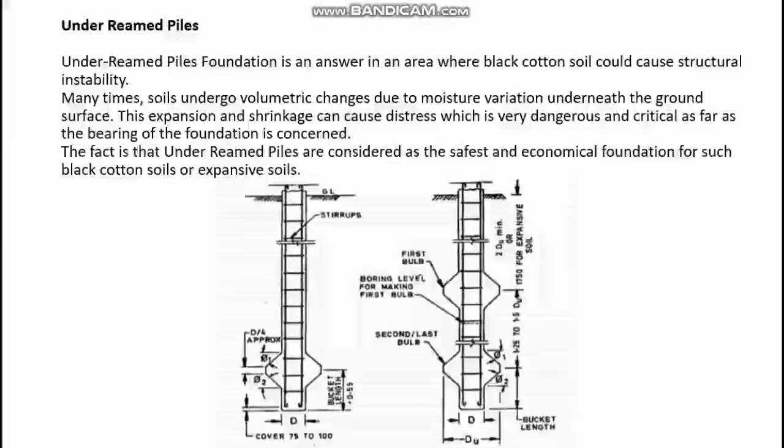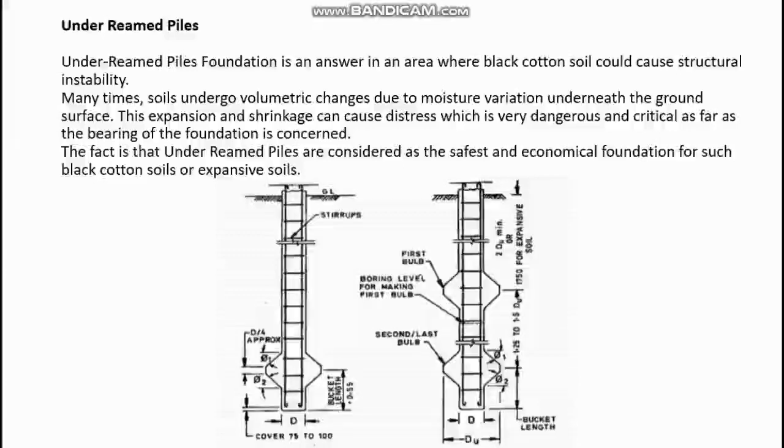So at that time these piles are much more preferred. This expansion or shrinkage can cause distress which is very dangerous and critical for the structure. So the fact is the under-reamed piles are considered the safest and economical foundation for such black cotton soils or expansive soils.